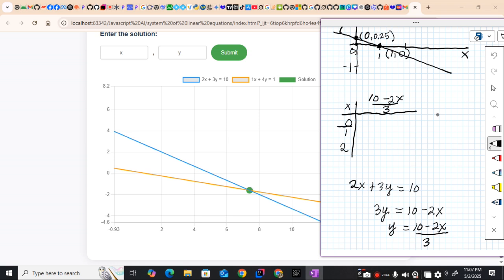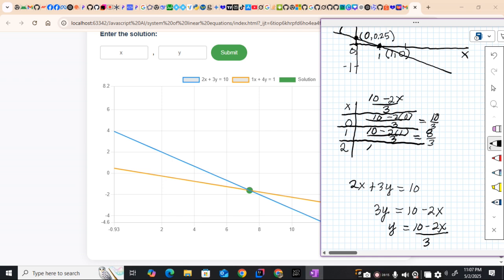For the first case, that's 0, so 10 minus 2 times 0 over 3. This gives us 10 over 3. Now this one is 10 minus 2 multiplied by 1 over 3, which essentially gives us 8 over 3.